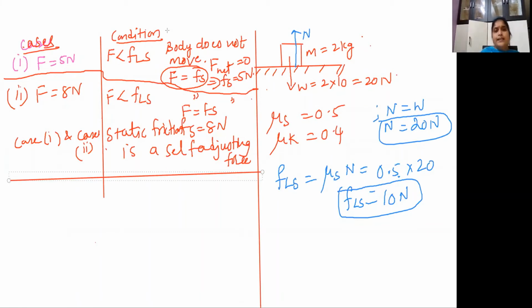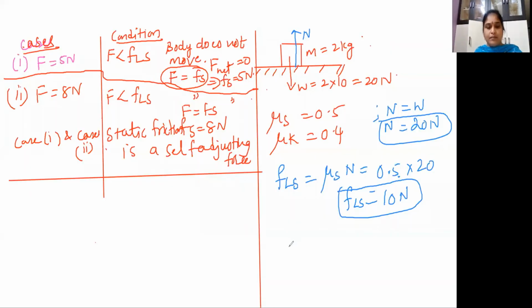Now we are taking the third case. Here the applied force is, let us suppose, 10 Newton. What you can analyze is the applied force is equal to the limiting static friction.